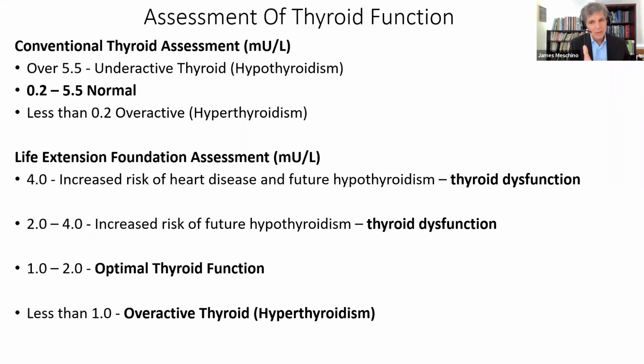As soon as it's out of the range of 1 to 2, that is not normal. As soon as it's under 1, there's hyperthyroidism going on. As soon as it's over 2, the metabolism is slowing down. Between 2 and 4, there are certain things you can do to really help. Once it's over 4, the person should be arguing for thyroid hormone replacement to decrease the risk of heart disease, actually.